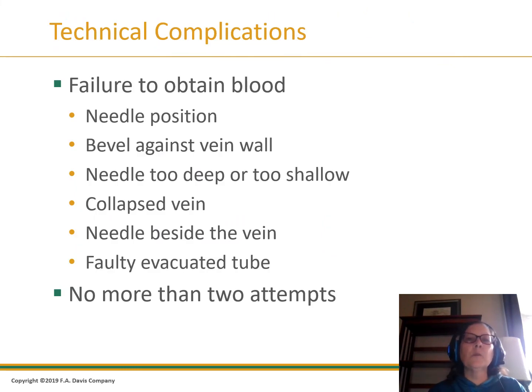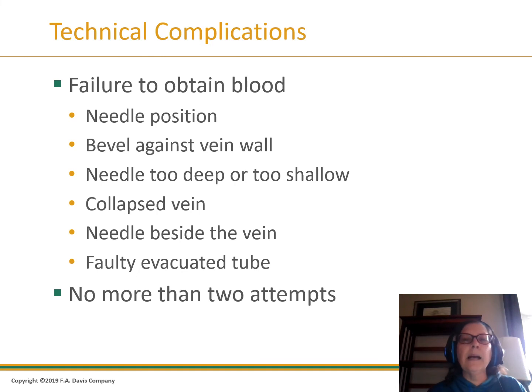There are several reasons why you might not get blood. The needle's position may need to be adjusted. If the bevel of the needle is against the vein's wall, blood will not flow. You could be too shallow or too deep, and a slight adjustment may start the blood flowing.